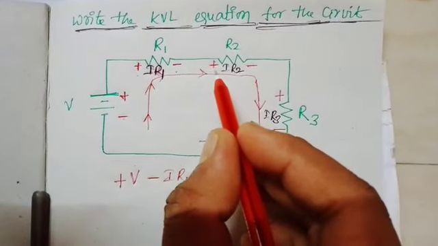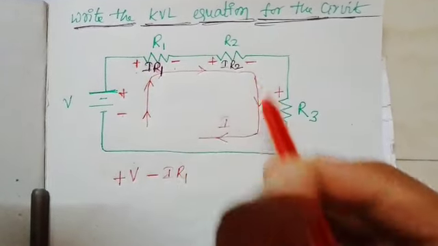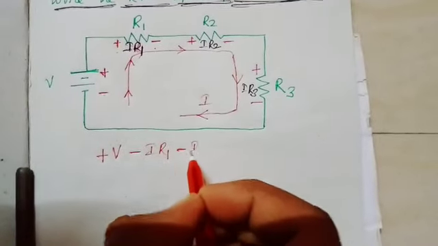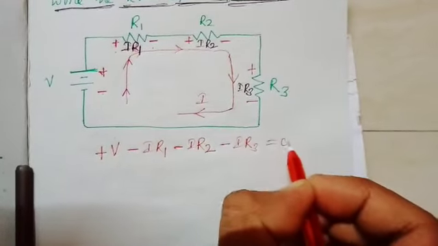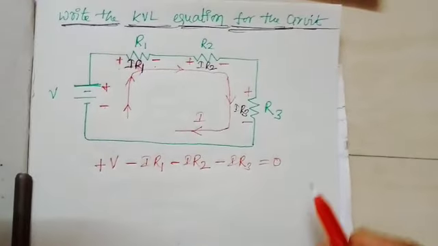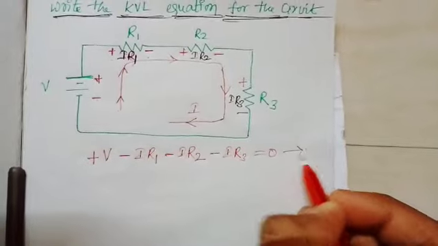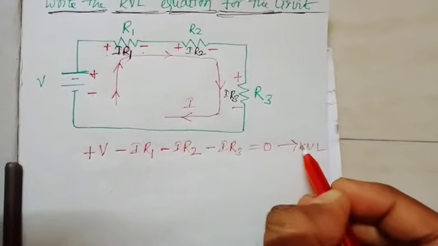Similarly, at R2 also we are moving from positive to negative, so minus I R2, and minus I R3, that is equal to 0. So this is the KVL equation for the given circuit.